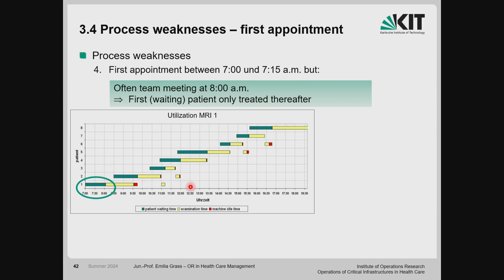The team doing the appointments didn't know that there is a team meeting, so there's missing communication between the decision makers, those who are doing the schedule, and those who are carrying it out. So they simply wait till the team meeting is done. We often observe that although the patient had an appointment at 7, they start at 8:15 or whatever.